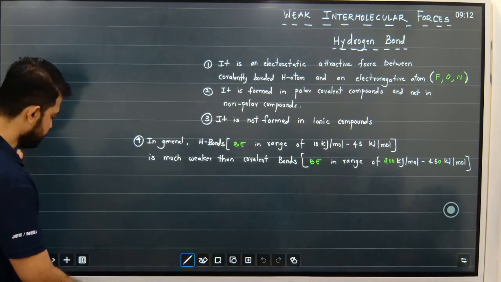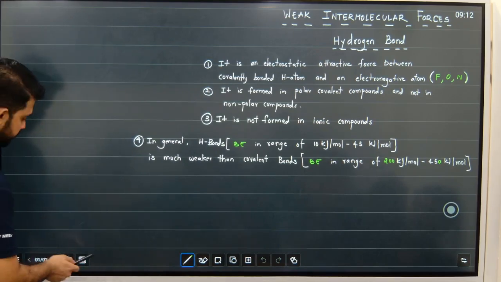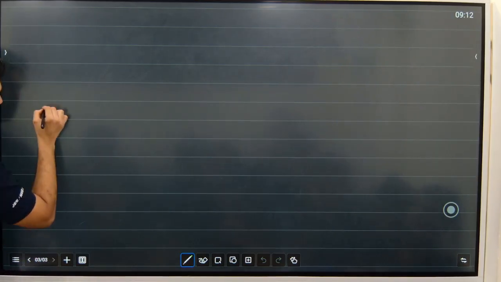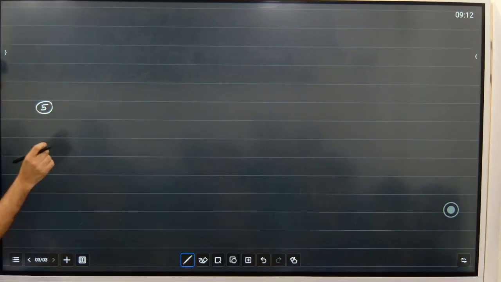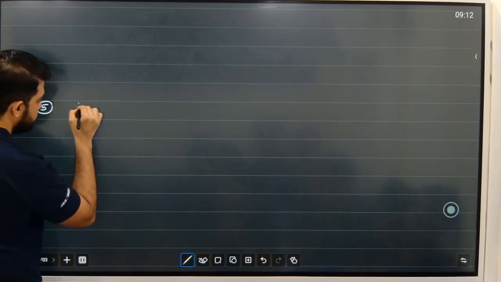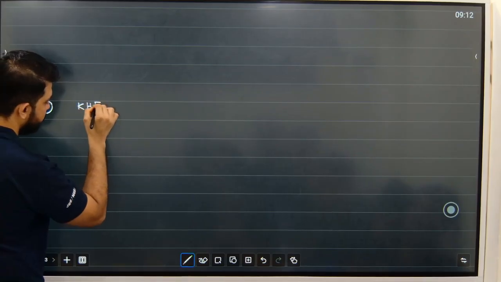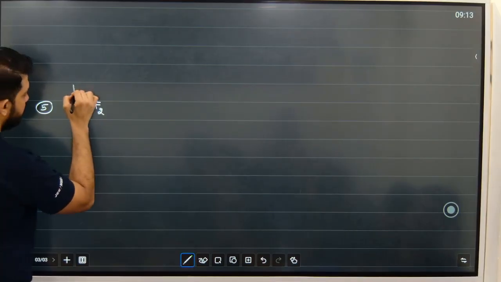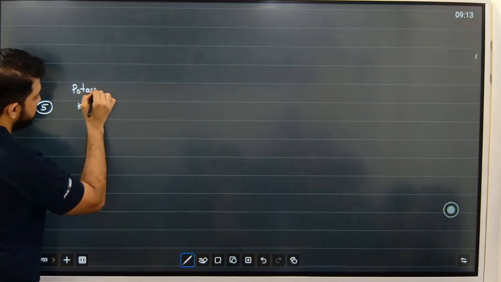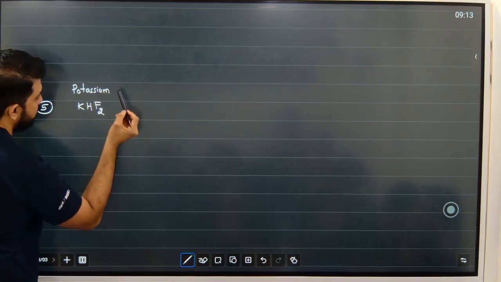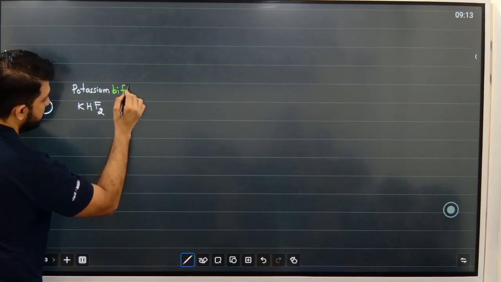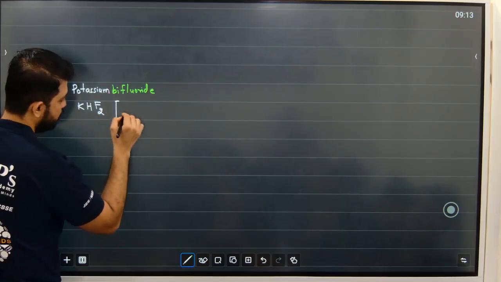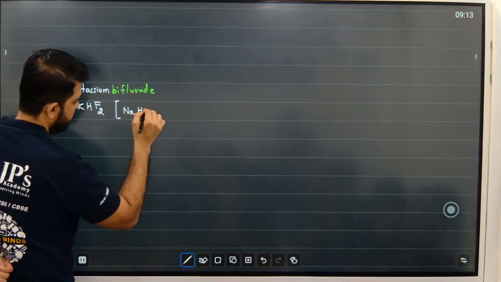But यहाँ पे there is a small exception. If I compare the bond strength of a very particular molecule, जिसे हम बोलते हैं KHF₂, potassium bifluoride, or you can also have sodium bifluoride.